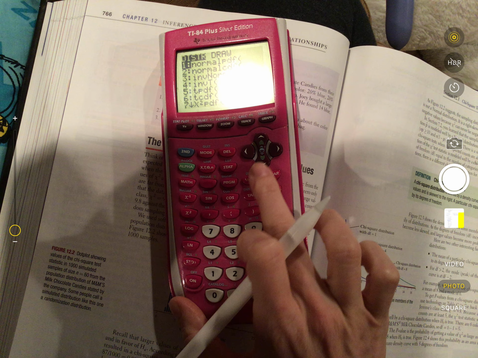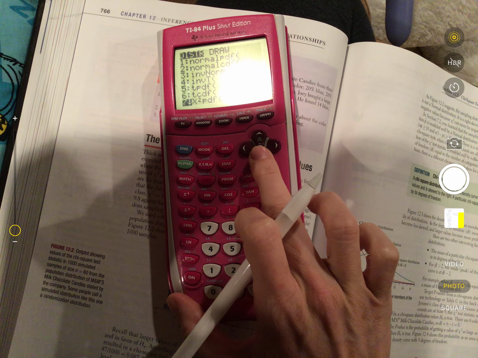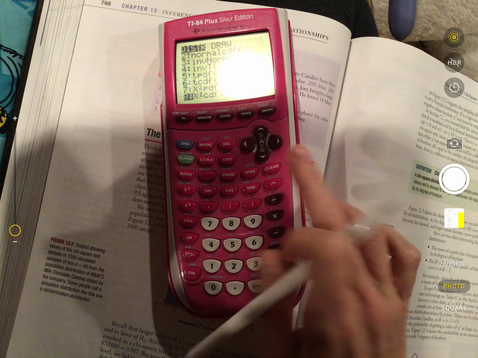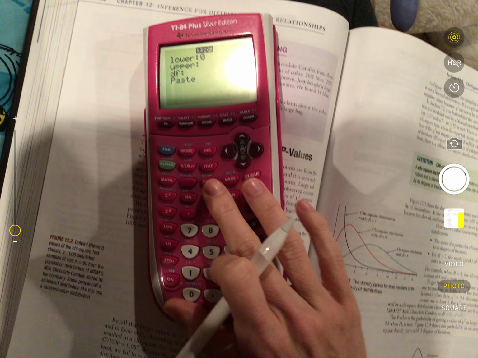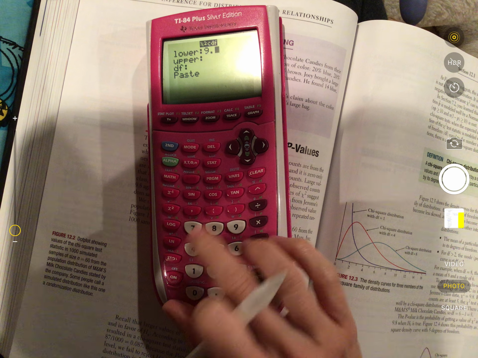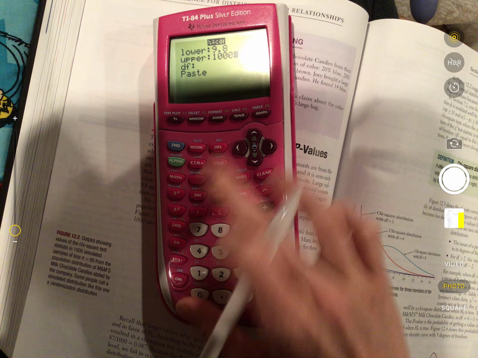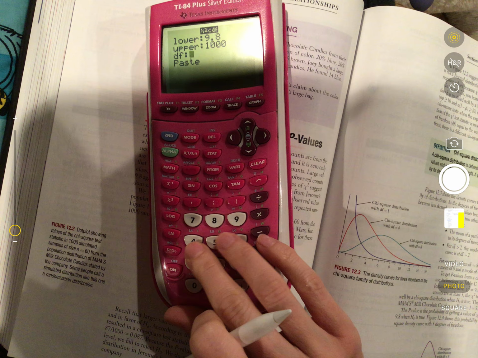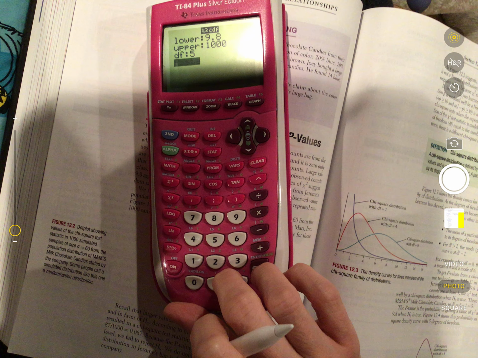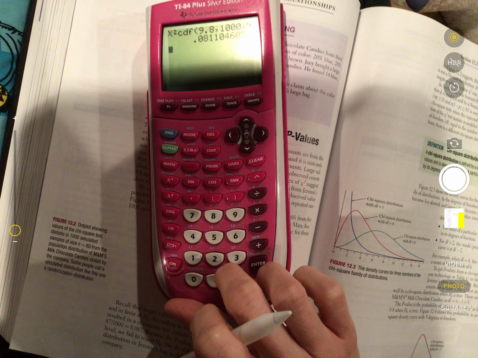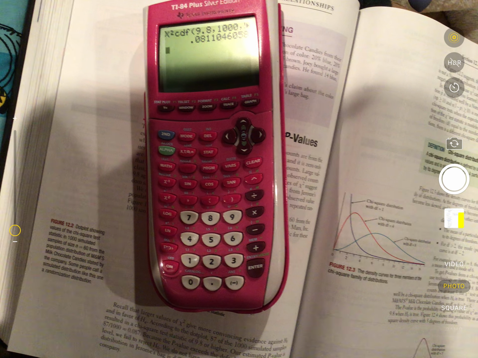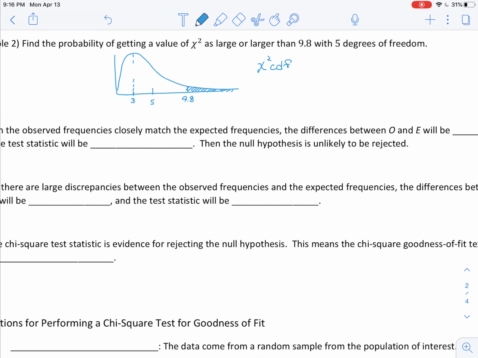So hopefully you can find it or Google it. So I'm going to go into my distributions and then do not choose PDF. We would like CDF. And then we're saying lower. Well, we want to go from 9.8 on up to a very large number. I usually use just 1,000. And then it asks for its degree of freedom. We said this one had 5 degrees of freedom. And then we can find the area of 0.081.